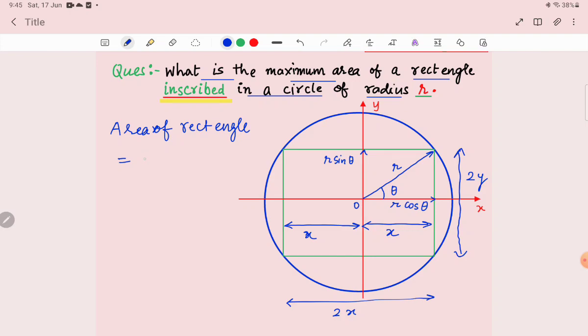So the total area will be length, which is 2x, multiplied by width, which is 2y. So the area will be 4 times xy.